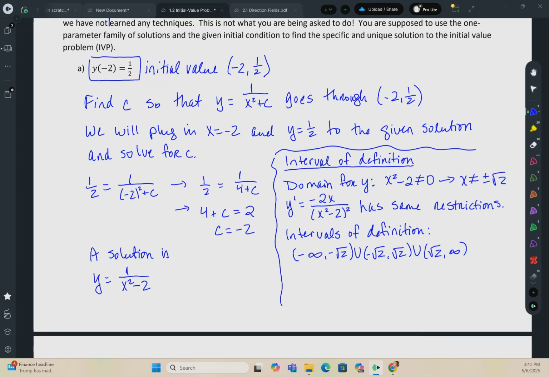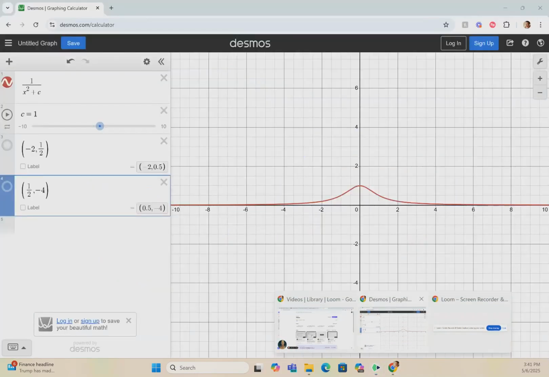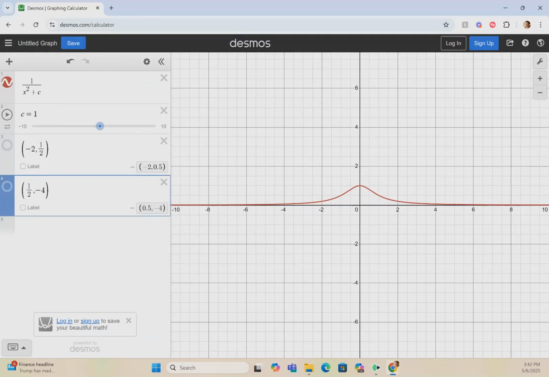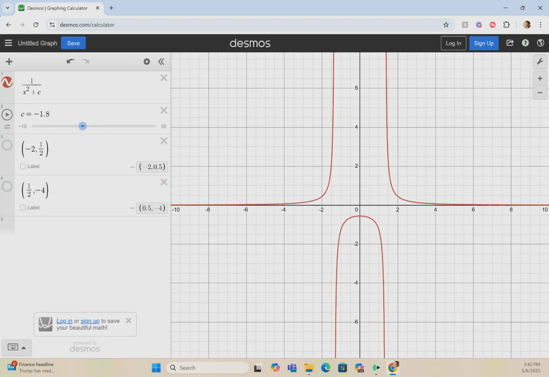It can be really helpful to graph. So I have a graph already set up here, and I've already put in y equals 1 over x squared plus c. And I have a little slider on here, and right now it's at c equals 1, so I'm going to move it to c equals -2. And then the initial value that we're working with right now is the one where x is -2 and y is 1/2.